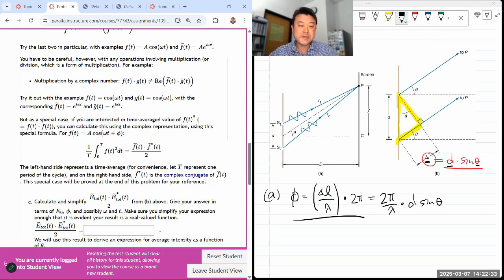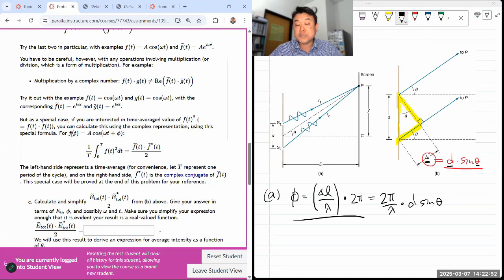As a special case, if you are interested in the time averaged value of f of t squared, which is f of t multiplied by itself, you can calculate this using the complex representation, using this special formula.